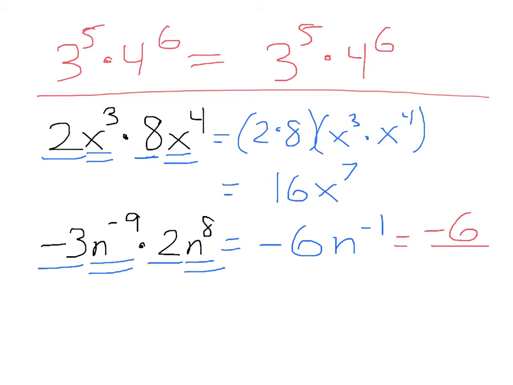The n to the negative first becomes 1 over n, which means it's going to go into the denominator, and I get negative 6 over n. And if you forget the little trick, remember I could always draw my fraction bar here, circle the negative exponents, and move it to the other side of the fraction bar to make it a positive exponent.